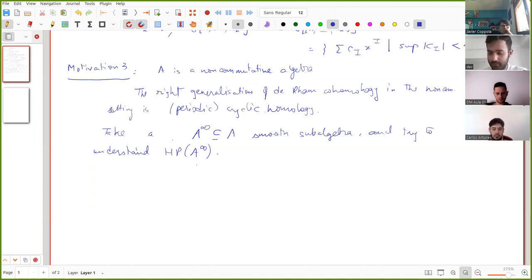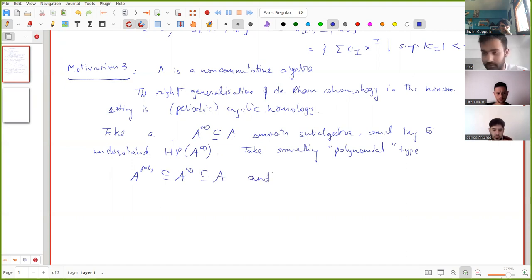Okay, but a priori, there's no reason to expect that the periodic cyclic homology or any invariant of A infinity is any easier to compute than A. So what you might then do is take something which is polynomial type, and these polynomial type algebras are things where you might be able to compute their Hochschild homology.